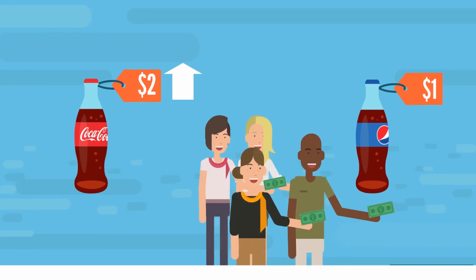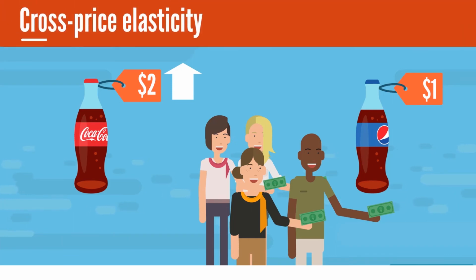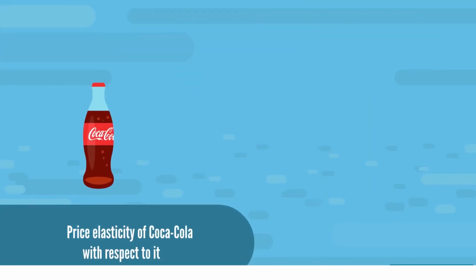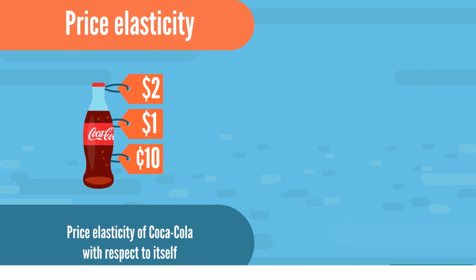That is to say that there seems to be another important phenomenon, price elasticity of Coca-Cola demand with respect to the price of Pepsi, or the so-called cross-price elasticity. Now, in the first case, where we measure the elasticity of cola with respect to itself only, we call that own price elasticity, price elasticity of Coca-Cola demand, or simply price elasticity of Coca-Cola.